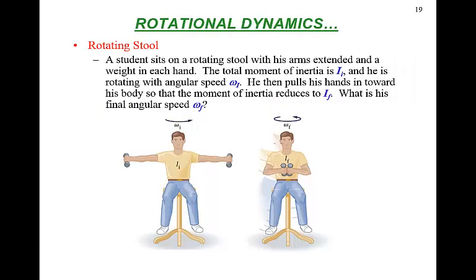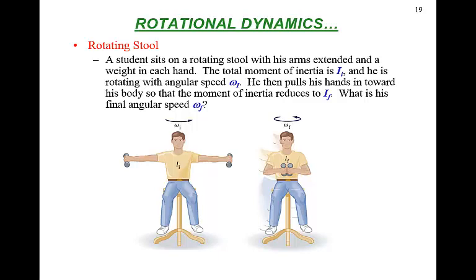Here is a very good example that we usually display for the students in class. A student sits on a rotating stool holding 2 weights. We spin the student and we let the stool and the student spin by themselves.